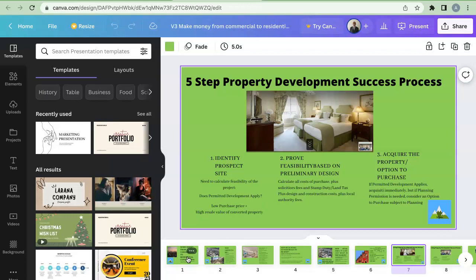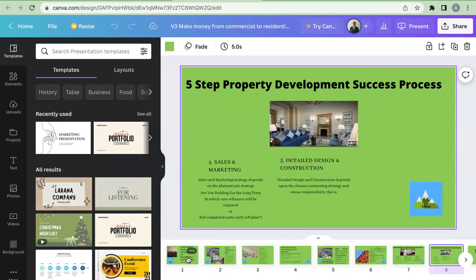We would take the cautious view of purchasing only if we're absolutely certain we've got permitted development rights on the site. We may purchase subject to planning permission as an option if it's not under permitted development rights.